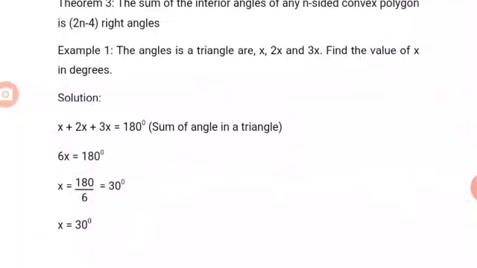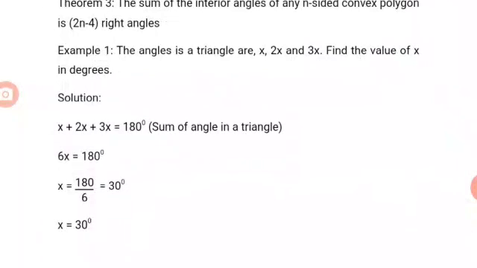Solution. We know that the angles in the triangle are x, 2x, and 3x. And we know that the sum of the interior angles of a triangle is 180. So we add x plus 2x plus 3x, which gives us 180 degrees.